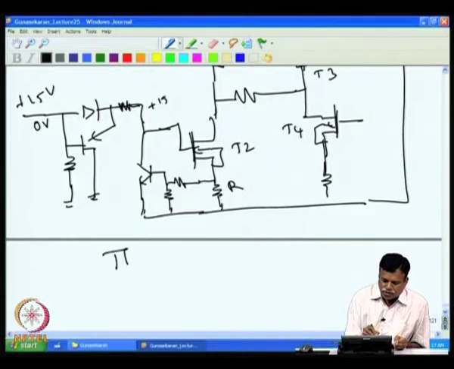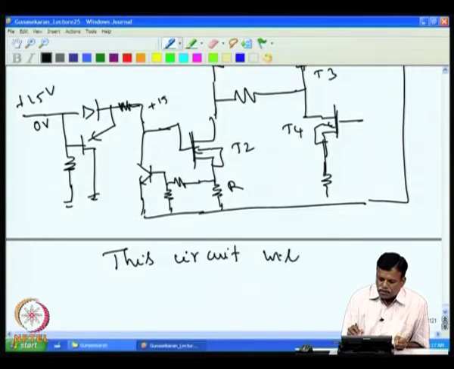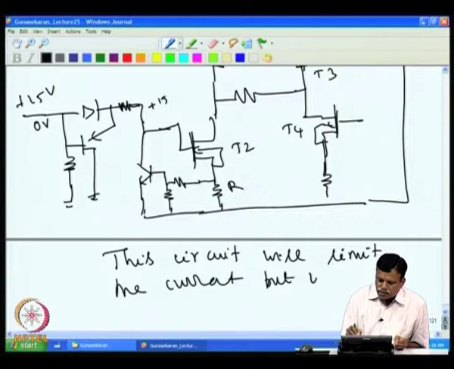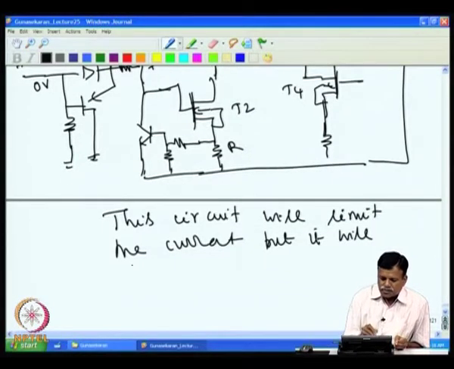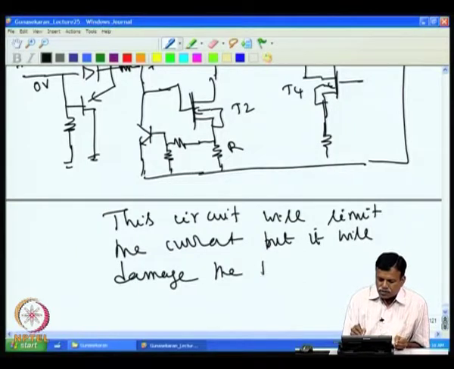In this circuit, it will limit the current, but it will damage T2 because of heating.